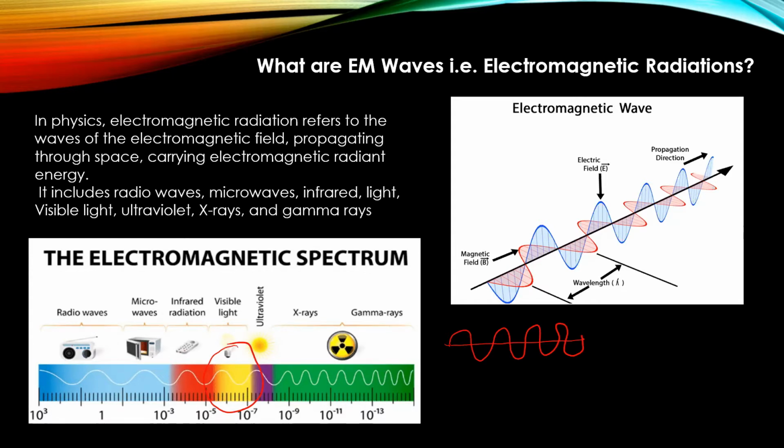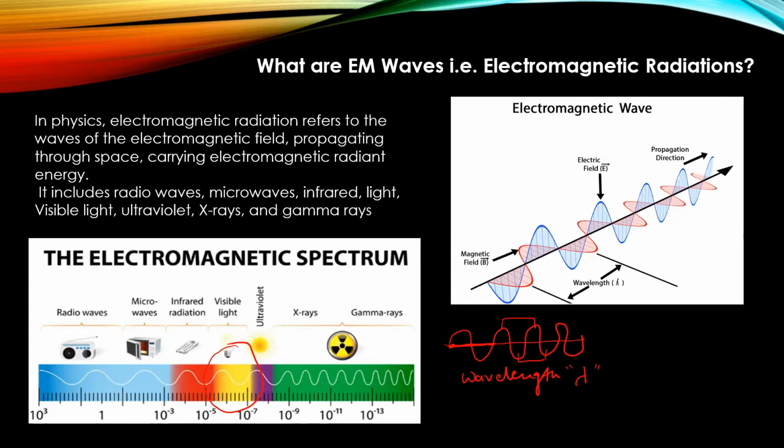We know what we mean by wavelength: the distance between the start of the wave and the end of the wave. Wavelength is denoted by the lambda symbol, or you can say it is the distance between two consecutive crests or two consecutive troughs.